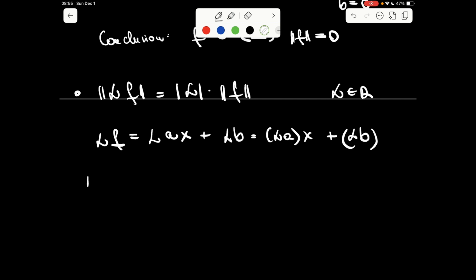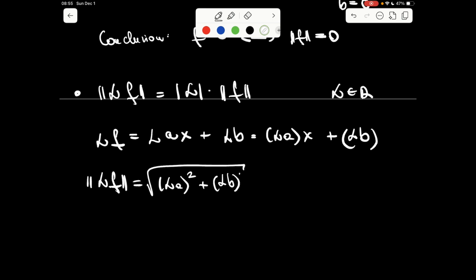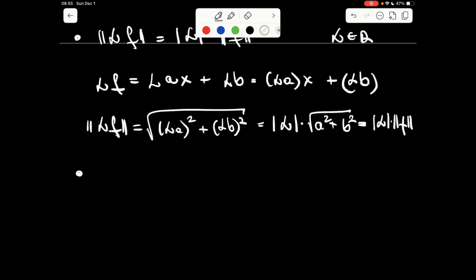What is the norm of this function? Let's use the candidate norm, alpha a squared and alpha b squared, which with direct calculation leads to this expression, which is the desired result.